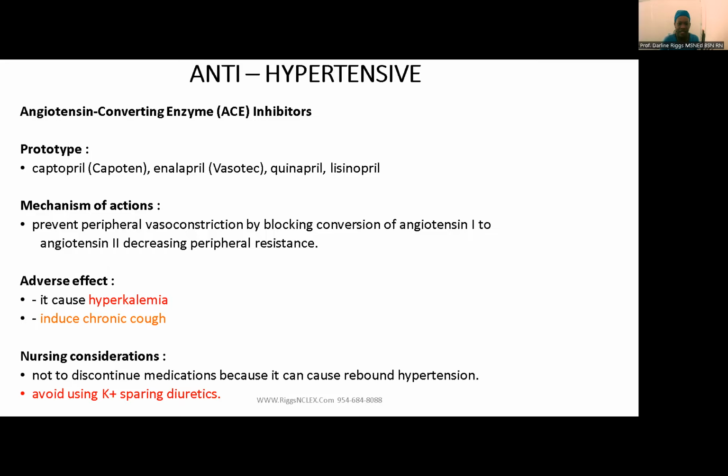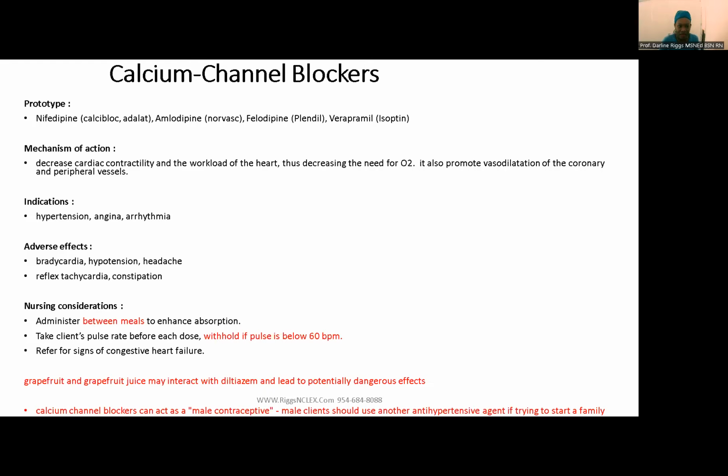So your ACE inhibitors: hyperkalemia, induced chronic cough, do not mix with another potassium sparing or holding diuretic because they're holding onto potassium. Your calcium channel blockers, your dipines, they're going to decrease cardiac contractility to decrease the workload of the heart, making the heart need less oxygen. Okay. And by the way, all these drugs, all of your antihypertensives, you're holding if the heart rate is below 60. And you're not giving it.